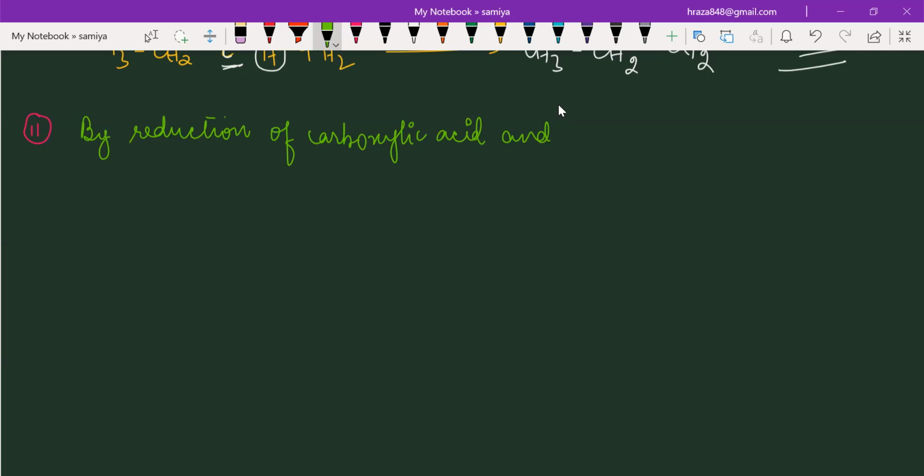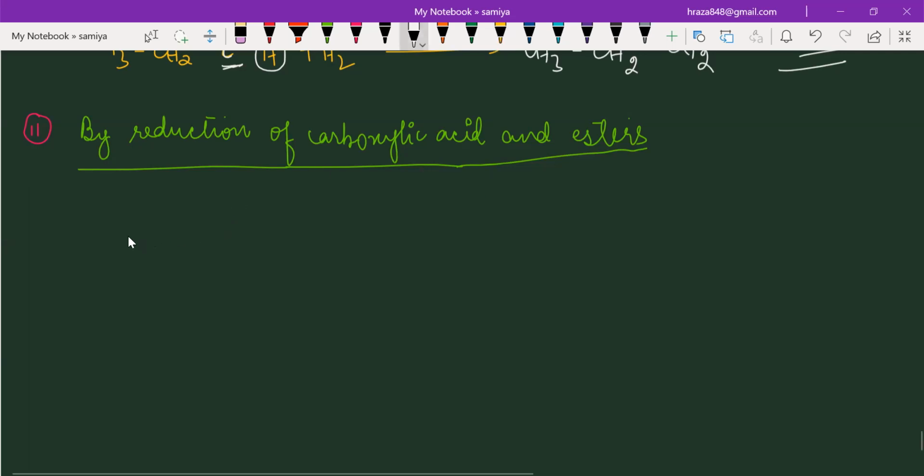We can oxidize alcohol to prepare ketone. Are you getting my point? And the next topic is reduction of carboxylic acid and ester. So we can reduce carboxylic acid to form alcohols. That means we can oxidize alcohol to form carboxylic acid. Is that clear?